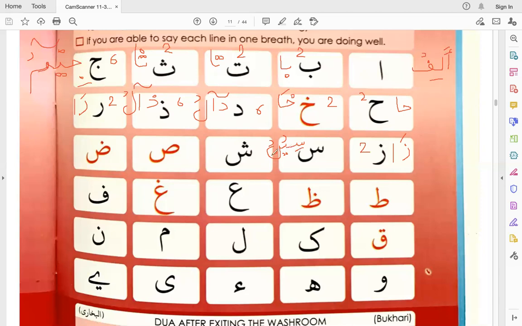It is a mad letter. So whenever you find a mad letter before sukoon, you will stretch it four haraka long. But scholars agreed to stretch the names of the letters for six haraka. So we are stretching it six harakat here. Seen, and there will be tawassut on the last letter because the noon has sukoon.